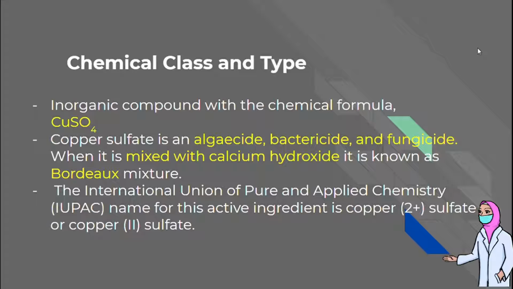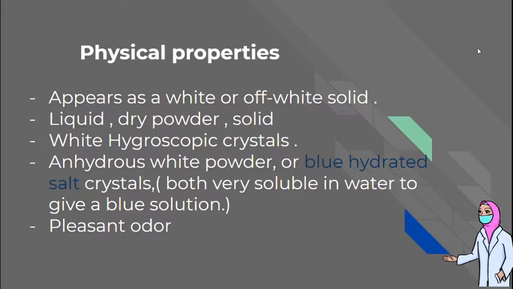The International Union of Pure and Applied Chemistry name for this active ingredient is copper 2 sulfate or copper(II) sulfate. Physical properties: it appears as a white or off-white solid.